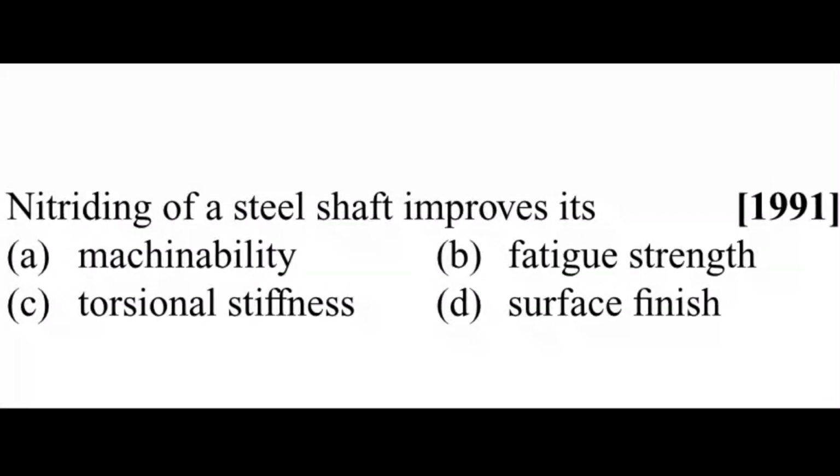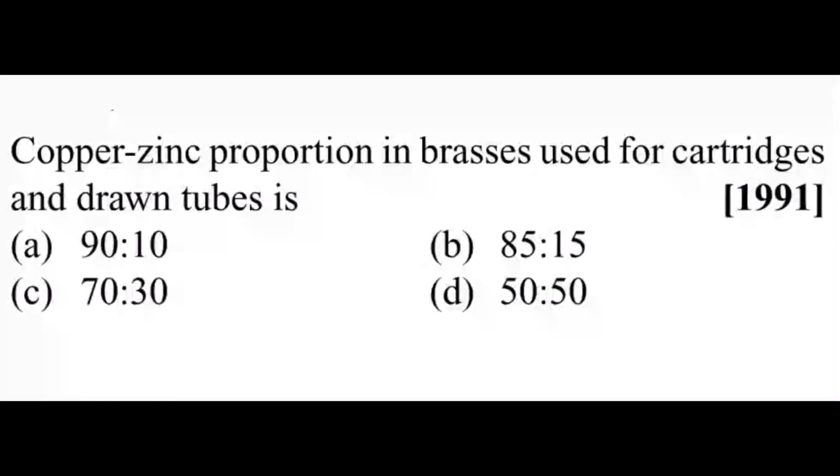Nitriding of a steel shaft improves its fatigue strength. Copper zinc proportion in brasses used for cartridges and drawn tubes is 70:30.